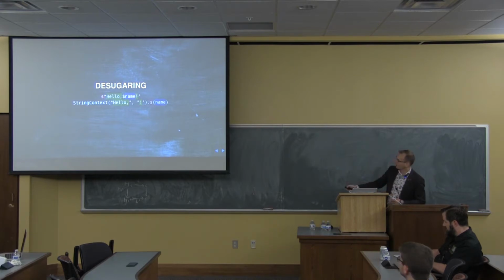So when you write that, stick an S and you write some string, then some substitution, that gets desugared into the text below. And as far as the typer is concerned, as far as most of the mental models you will have about how Scala works is concerned, when you write that, the compiler sees the second line there. So the desugaring is kind of simple.